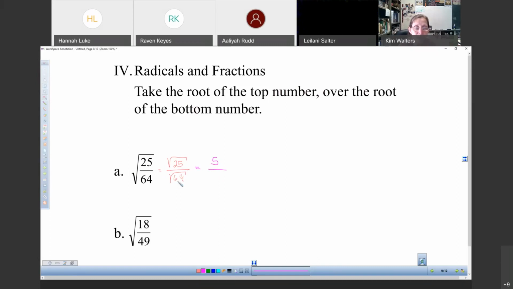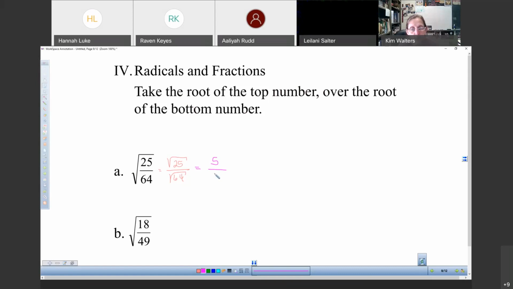Be careful here. What's the square root, not cubed root, square root of 64? And it's not 4, by the way. 64 is this really cool, nifty number. It is a perfect square and a perfect cube. I think that's kind of nifty.